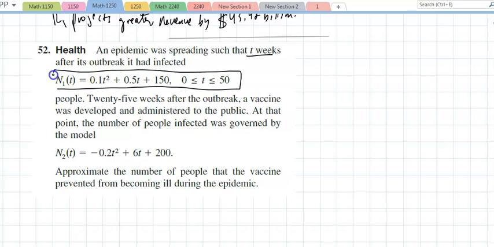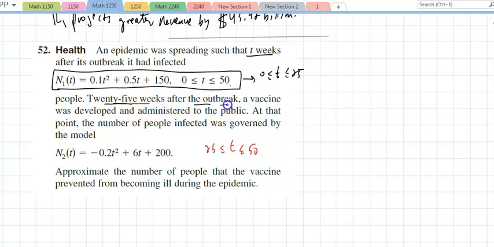And they're doing this over 50 weeks. 52 weeks is a whole year. So this is introduced from 25 weeks until the end.